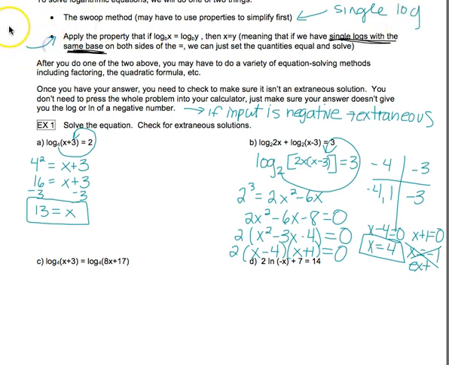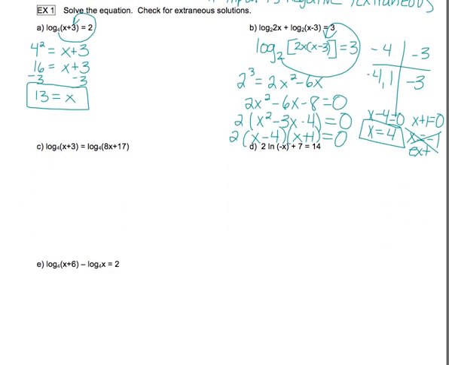This property is when I have one log on each side, which is exactly what I have in C. When I have one log on each side, as long as the bases match, I just get to drop those logs and bases away because they match.